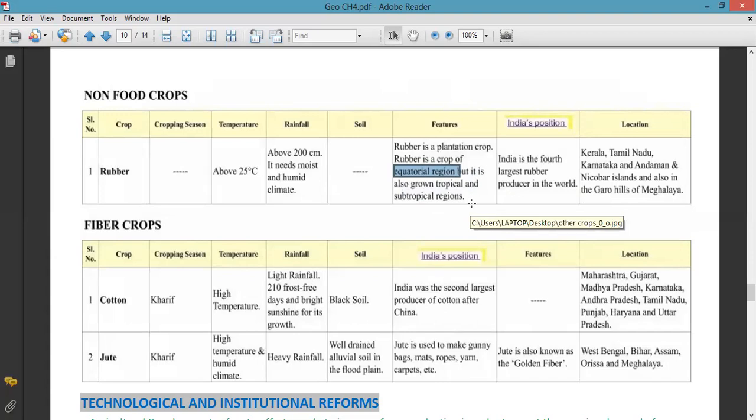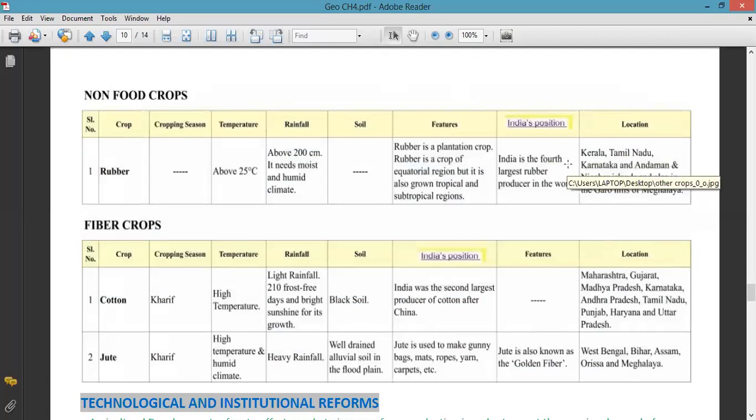For example, Rajasthan is in the subtropical area above the Tropic of Cancer, but it receives high temperature and very little rainfall. Sometimes if any area receives heavy rainfall and good temperature, then rubber plantation can be grown.